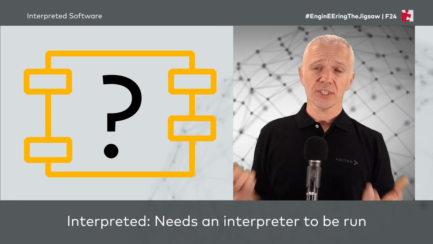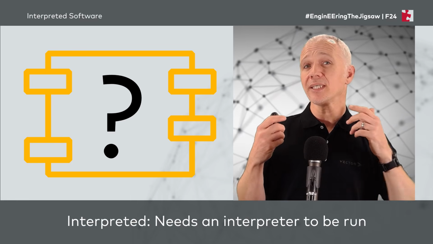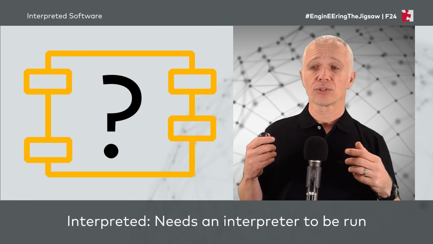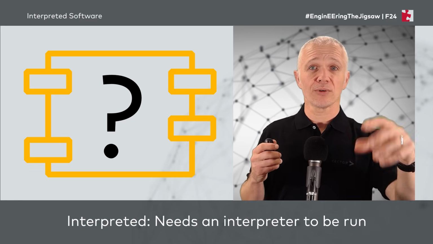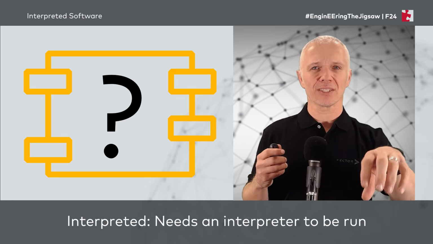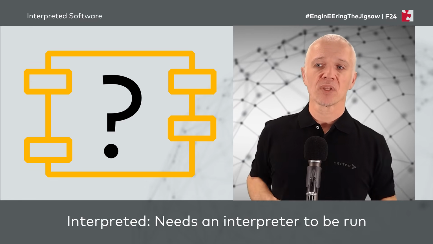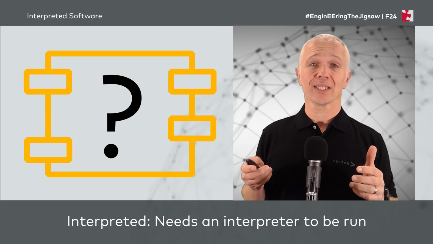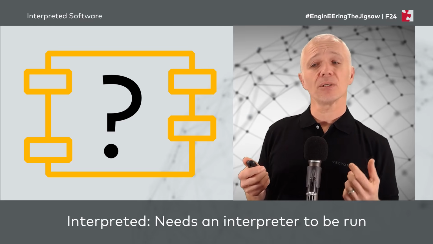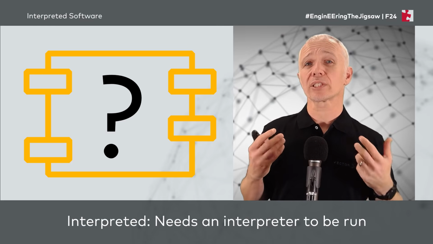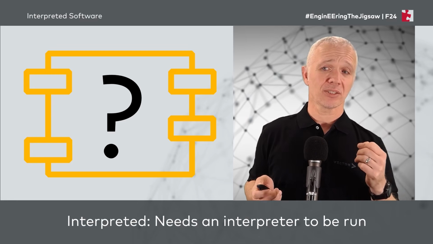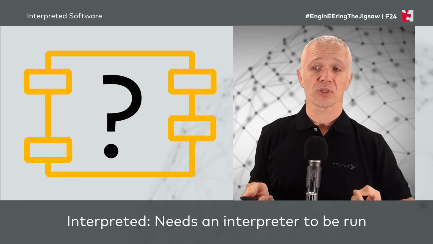The disadvantages, though, are that you need this extra software to be able to run the software you want to run. So we have this dependency on extra software. Also, typically, not always, but typically, interpreted software tends to run more slowly and more unpredictably due to the extra software that's involved.